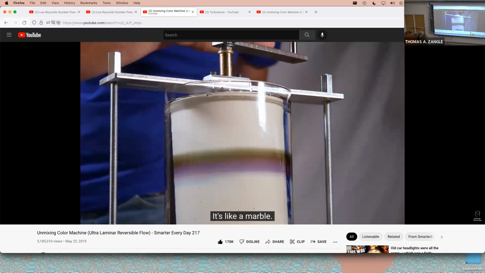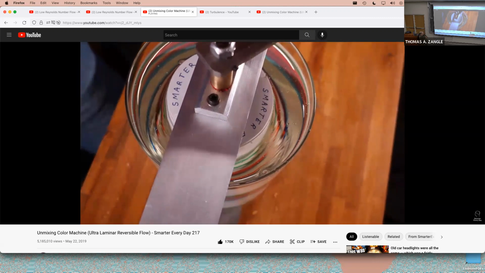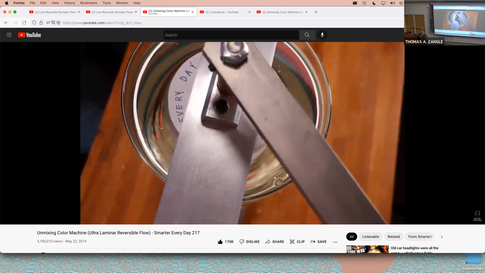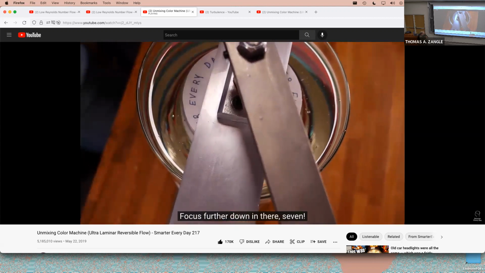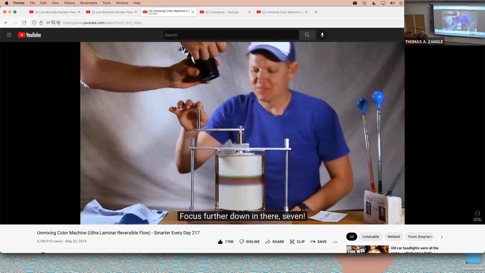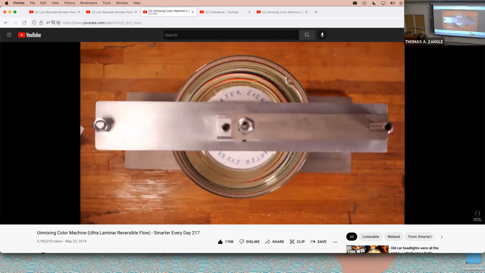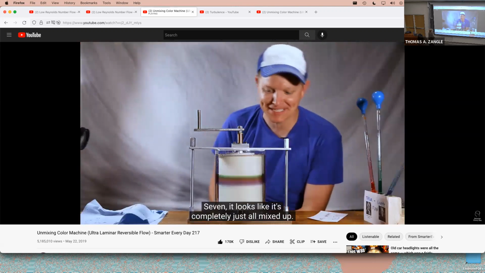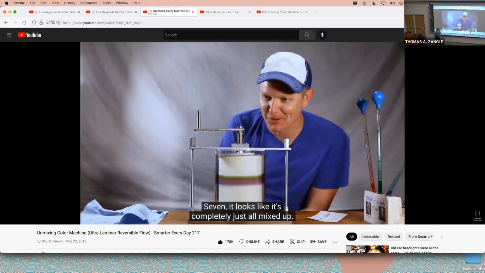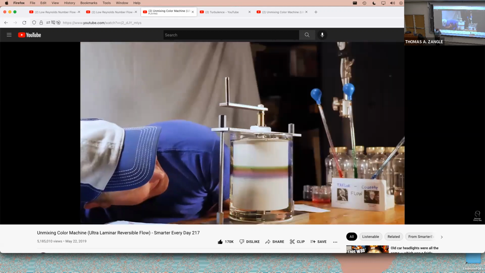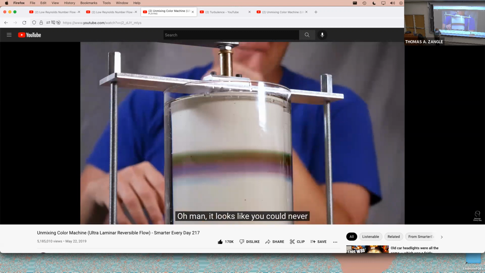It's like a marble. Can you see it? Focus further down there. 7. Okay, here we go. 7. It looks like it's completely just all mixed up. Oh, man, it looks like you can never get that back together.